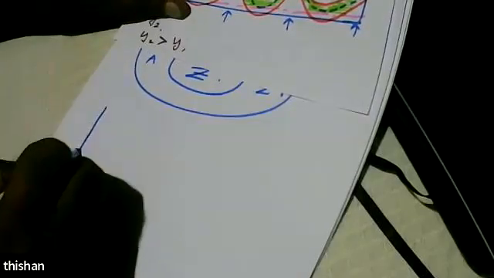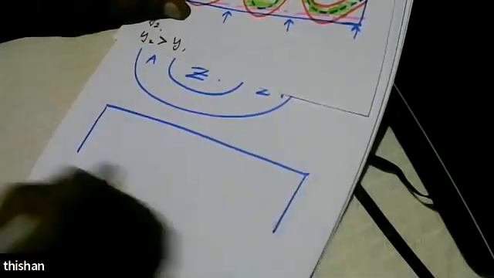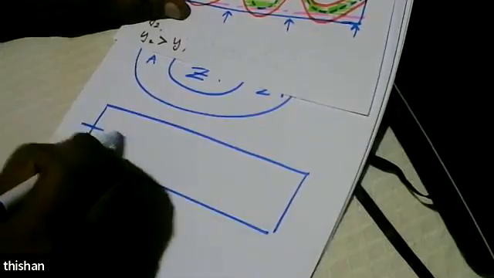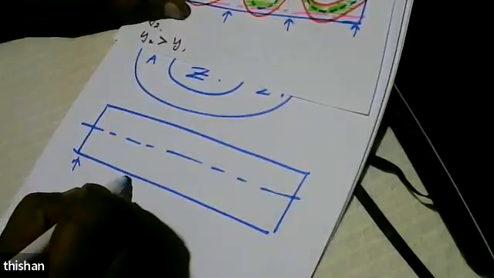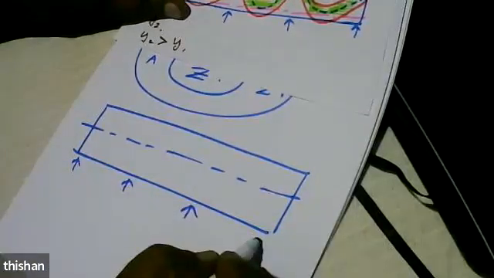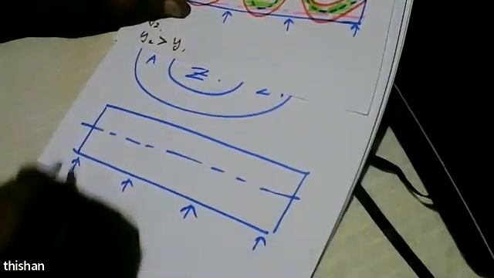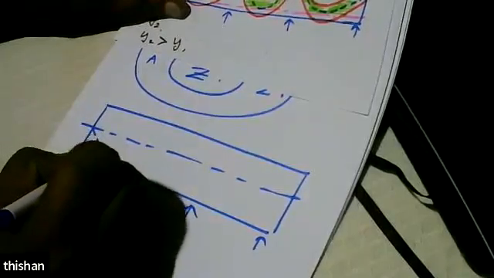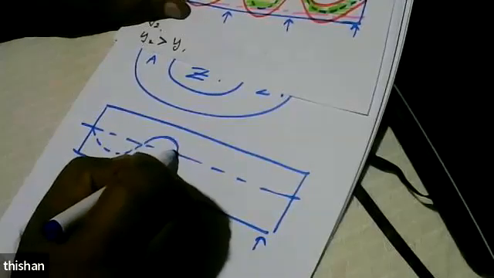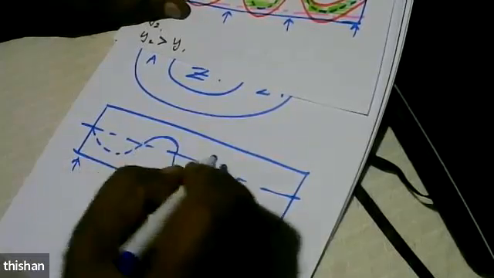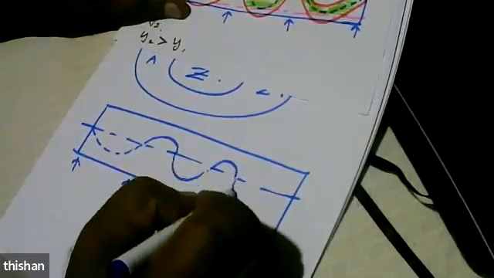Now let's see what's going to happen. Let's assume that we have fixed this profile. This is the centroid line, and these are the supports. We have fixed a profile like this. It reverses, goes down, reverses, goes down.